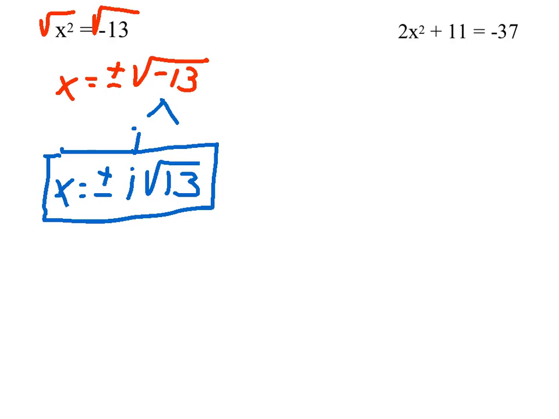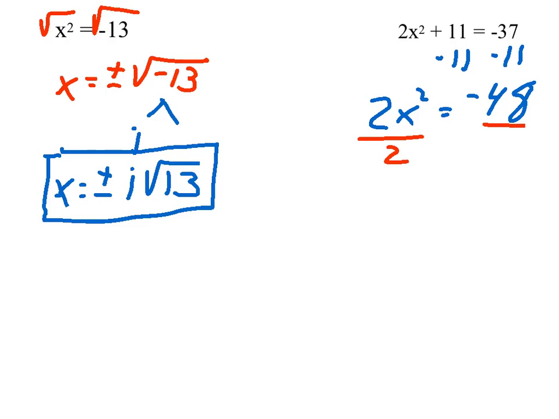Now we come over to this other example. Again, we need to get x alone. So we start out by subtracting 11 from both sides. So we'll have 2x squared equals -48. We still need to work on getting x alone, so we can divide both sides by 2, so x squared would equal -24.